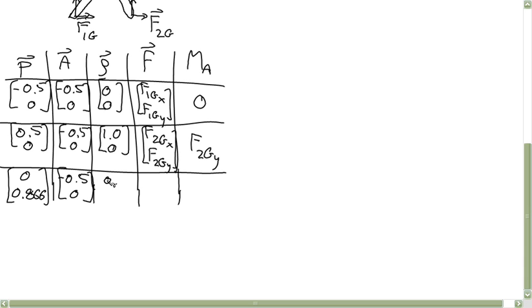Rho is positive 0.5, positive 0.866. The force is 500, 0. So we have 0.5 times 0 minus 500 times 0.866, and that's negative 433.